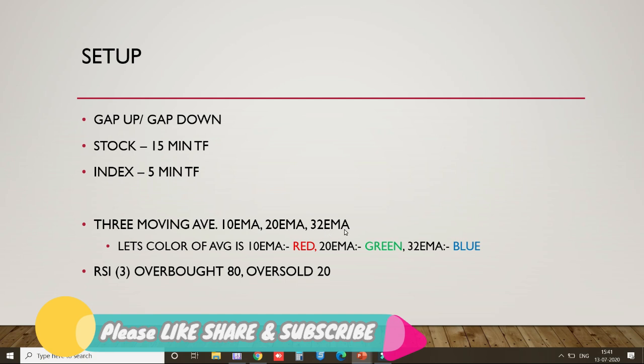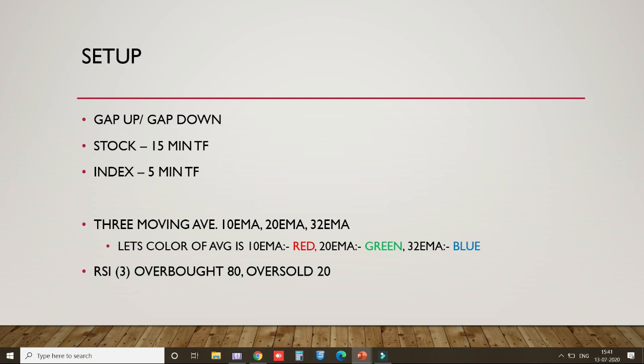I am using these 3 moving averages only for checking the direction of the stock or index. For simplicity, I am using a different color for each moving average: red for the 10 EMA, green for the 20 EMA, and blue for the 32 EMA.